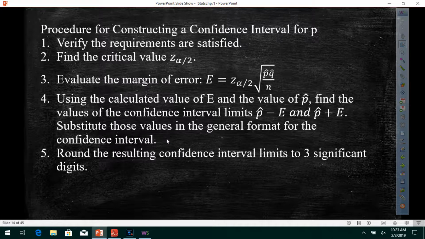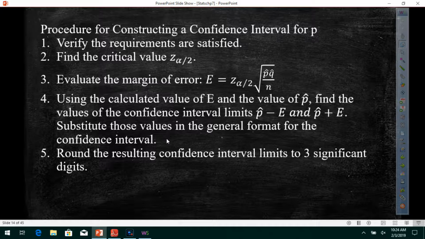Procedure for constructing a confidence interval for p. 1. Verify the requirements are satisfied. 2. Find the critical value z sub alpha divided by 2. 3. Evaluate the margin of error E equals z sub alpha divided by 2 times the square root of p hat times q hat divided by n. 4.